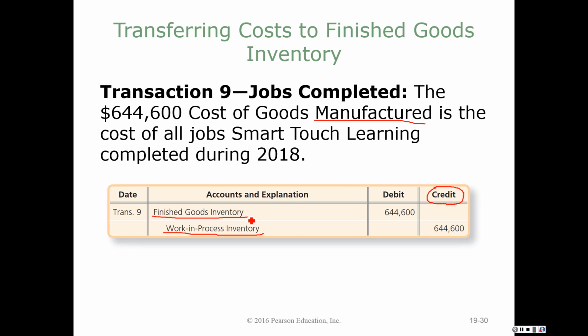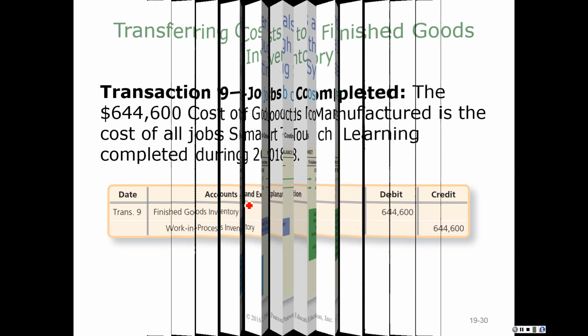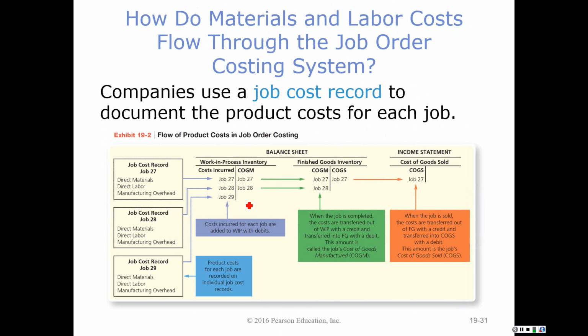All we have done with this journal entry is simply said, I have inventory that is now complete instead of in work in process. And if we go back and take a look at the illustration we used in the beginning, this is the part of the transaction that we see taking place now with numbers in our debits and credits, actual dollar amounts instead of job numbers.